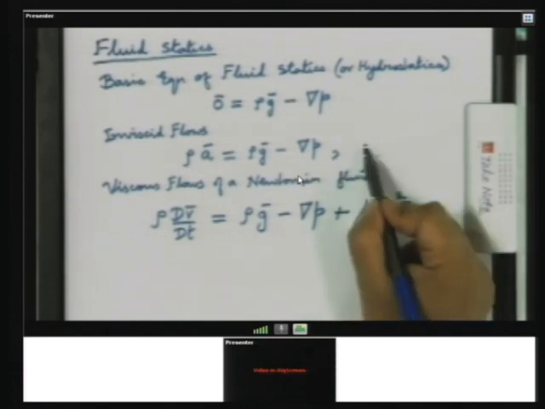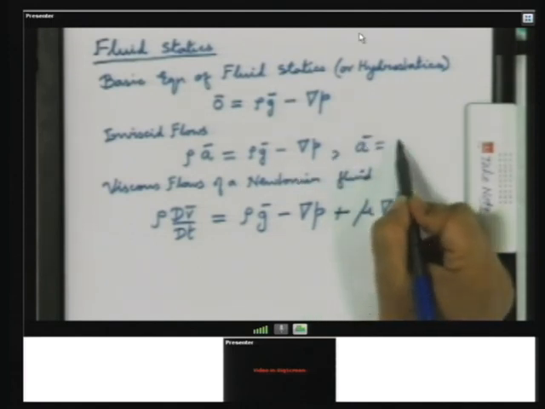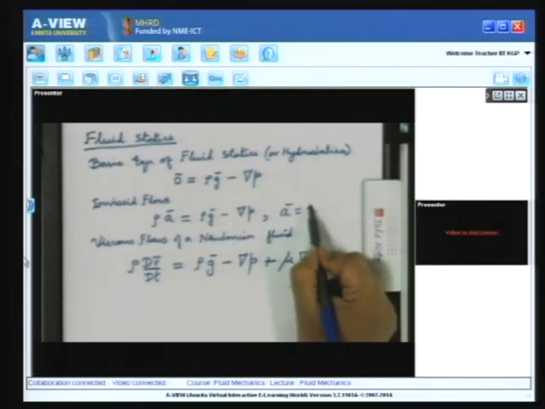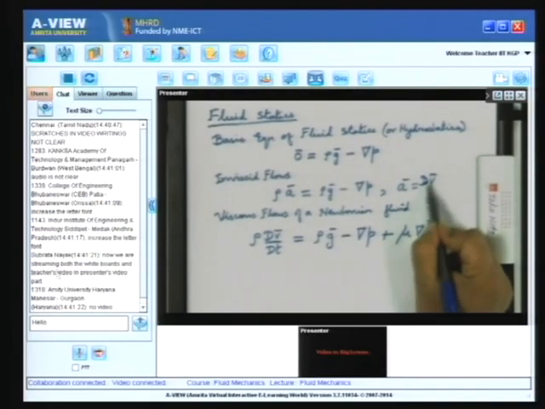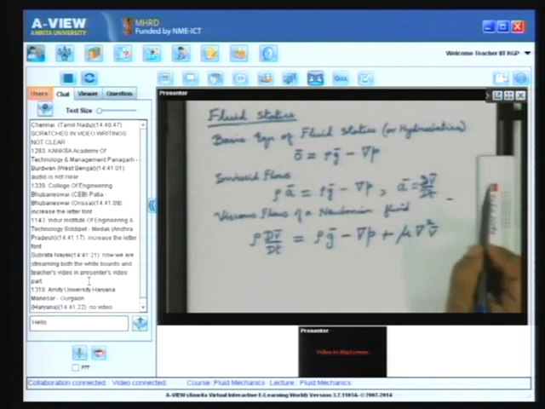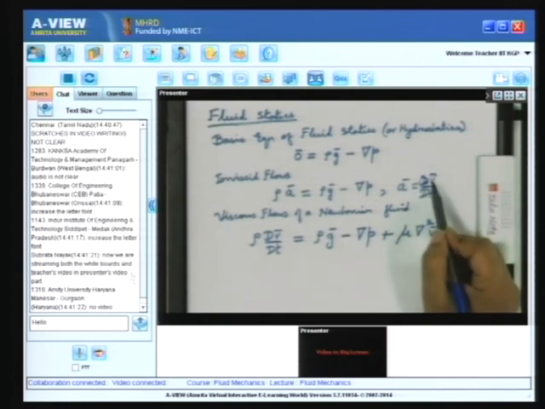Here the acceleration is related to the velocity change with respect to time. So, this is a material derivative which will be covered in kinematics.